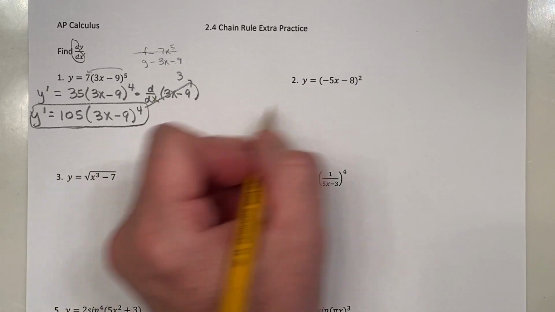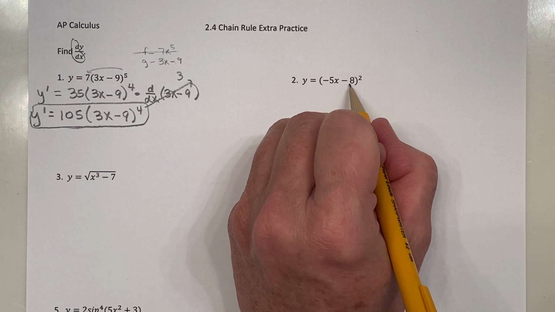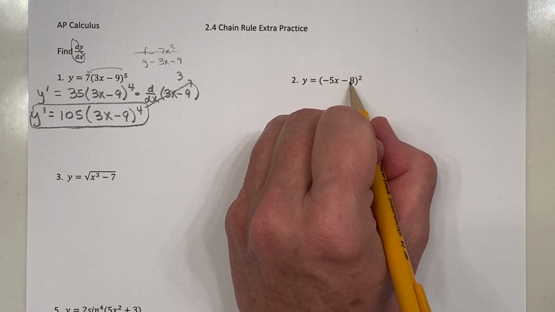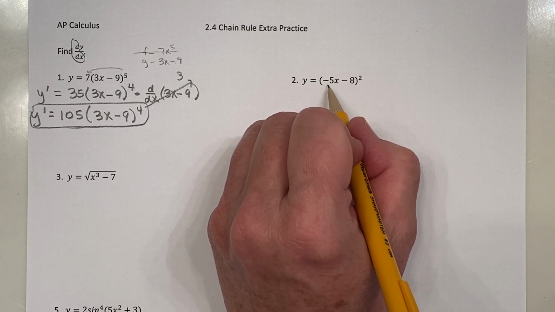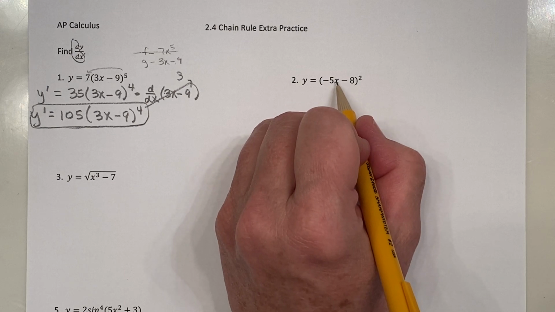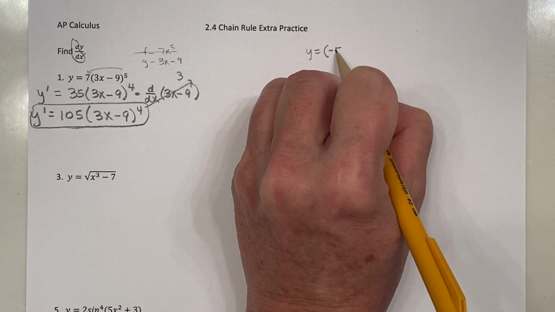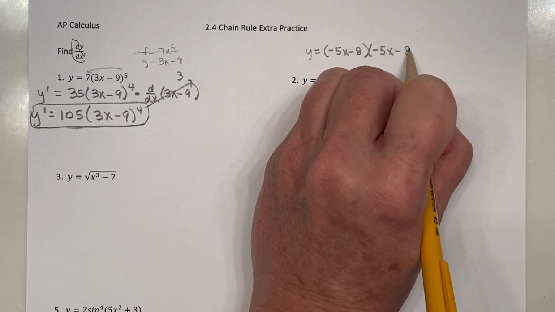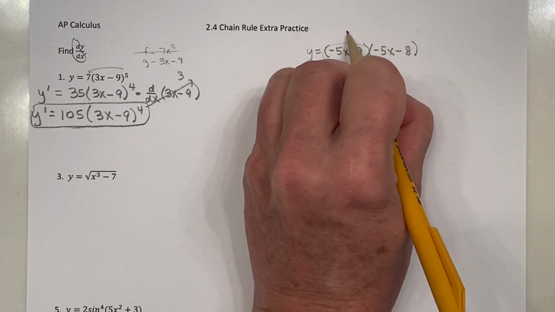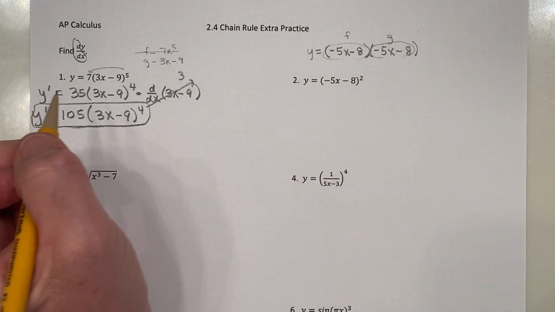For example 2, you could use the chain rule on number 2, or you could actually just FOIL, multiply out this binomial square, and then find the derivative using the power rule on each term. Another option is you could expand this binomial and put them side by side, not foiling, but instead using the product rule, where the first factor is negative 5x minus 8, and the second factor is also another negative 5x minus 8.